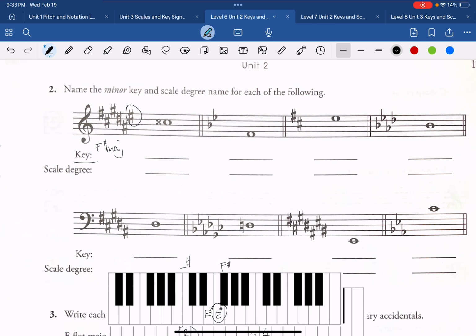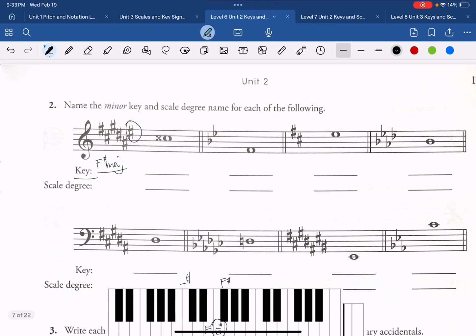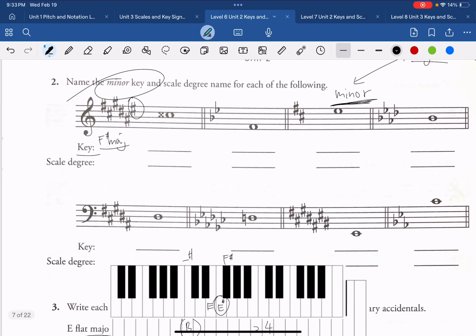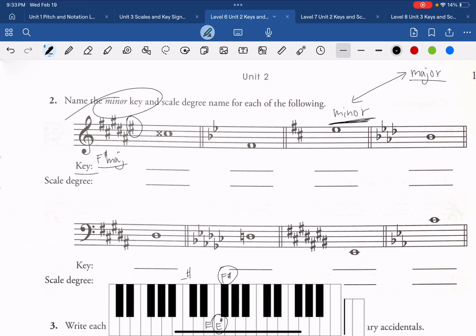F sharp major. And now, because we're finding the minor key, we have to find the relative minor for F sharp major. From major to minor, we go 4 half steps down.